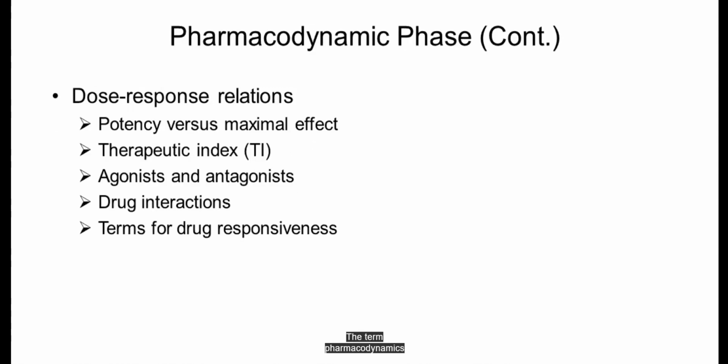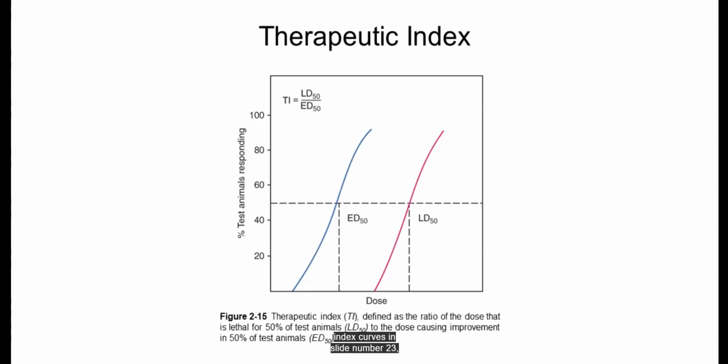The term pharmacodynamics is what the drug does to the body. The term of importance here is therapeutic index, which is defined as the ratio of the lethal dose for 50% of the test population to the effective dose, which provides a desired clinical response for 50% of the population, and is shown in the therapeutic index curves in slide number 23.